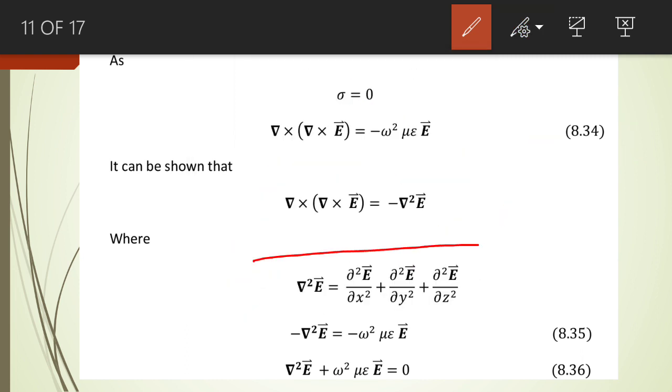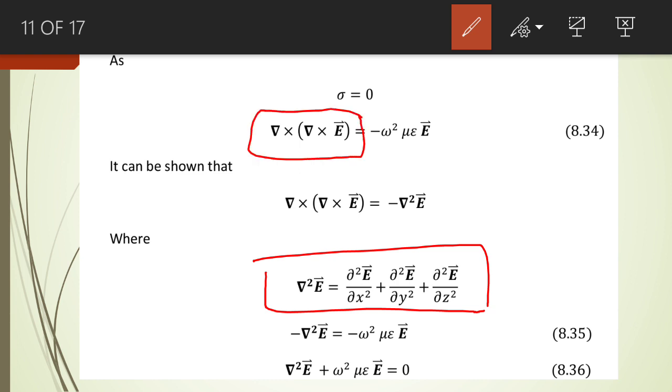So del square E is equal to the right hand side of this equation. So we replace this left hand side by minus del square multiplied by the phasor value of the electric field intensity.